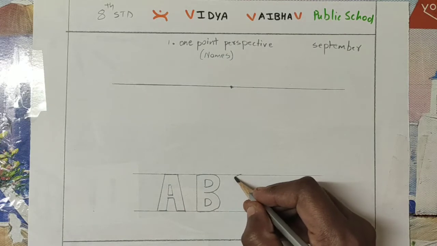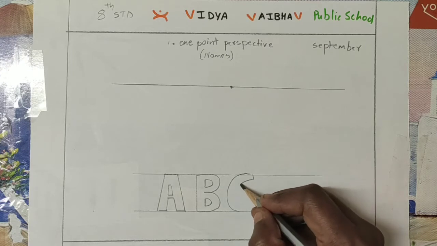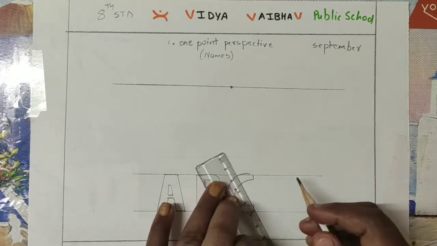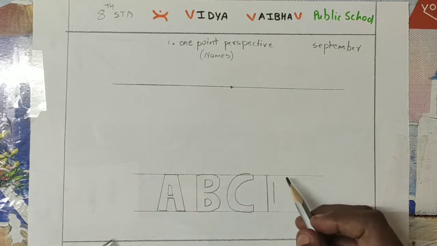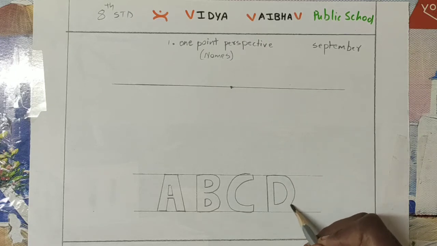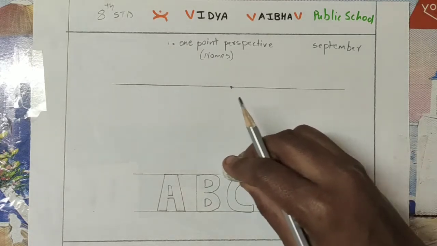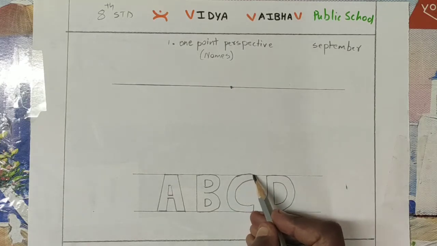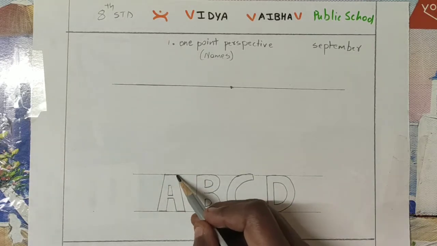When we are doing the first face, it's not required that we use a point. And now letter D. In the same way you can write your name, but in your drawing book you are going to try only A, B, C and D. See, always find that where we are writing the letters, it should be within the two parallel lines.